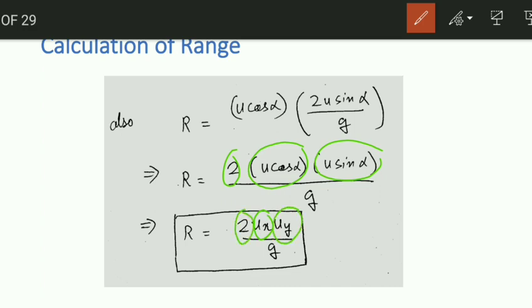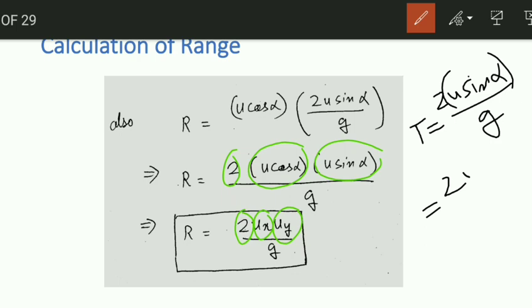So 2 ux uy by g. We are just considering the components and nothing else. Also for time of flight, 2u sin alpha by g, this u sin alpha is uy, so the time of flight is 2uy by g. u sin alpha is the vertical component of the initial velocity. I will be telling you the utility of these two formulae with the help of a question.